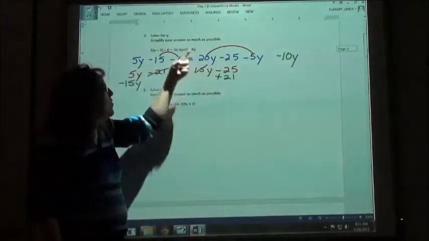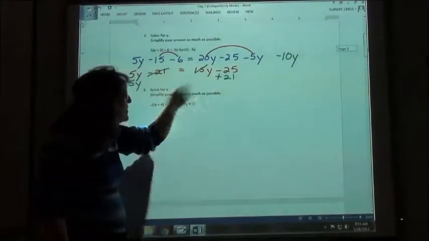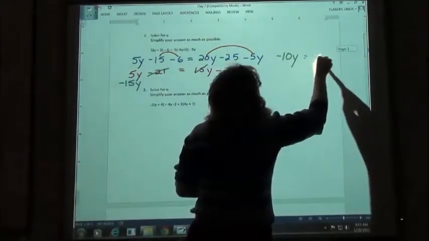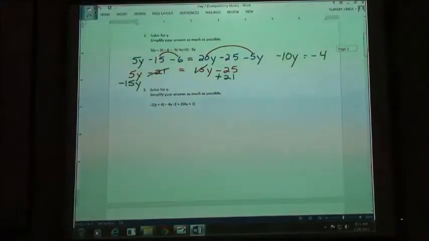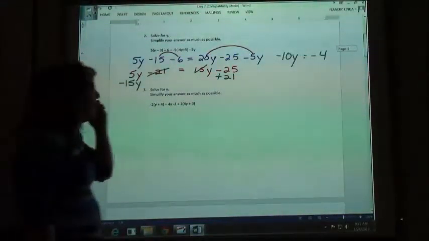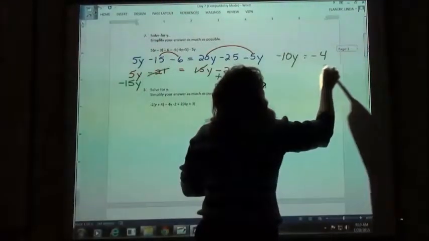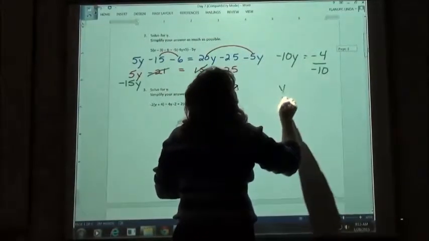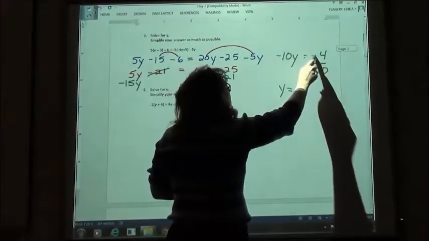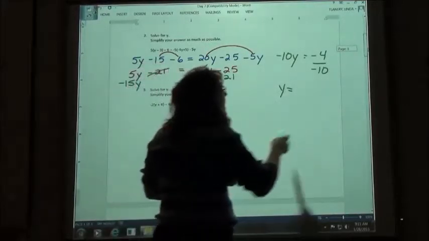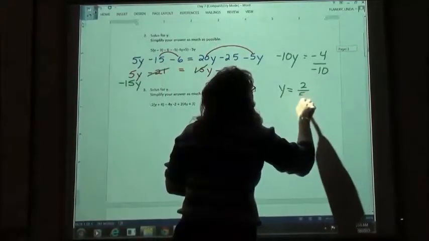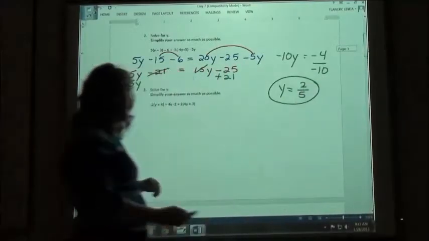And negative 25 plus 21 would be negative 4. So negative 10y equals negative 4. My last step, dividing by my coefficient of negative 10 and simplifying that fraction. I've got a negative over a negative, so it's going to become positive 4/10. Again, I can divide by 2, so 2/5 would end up being my answer there.